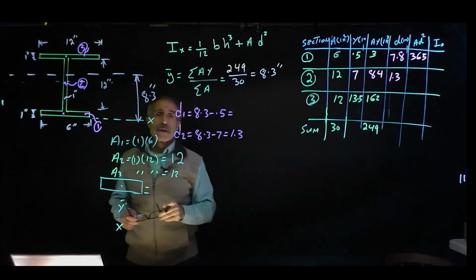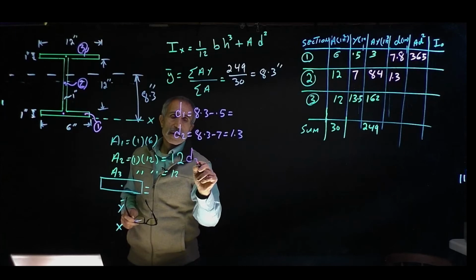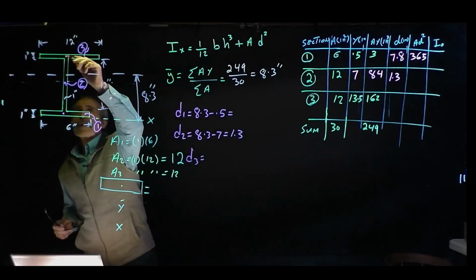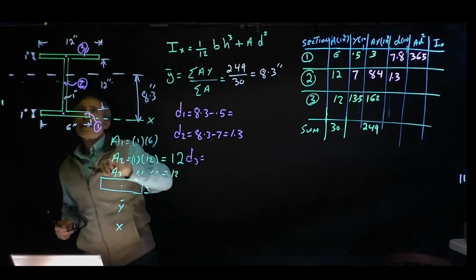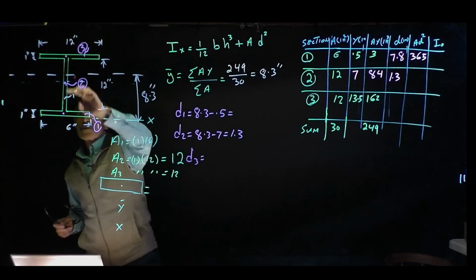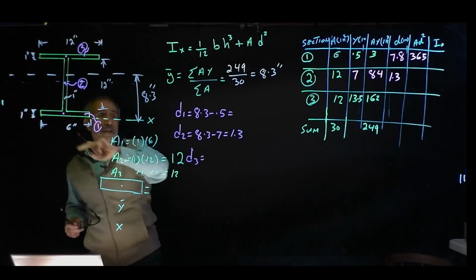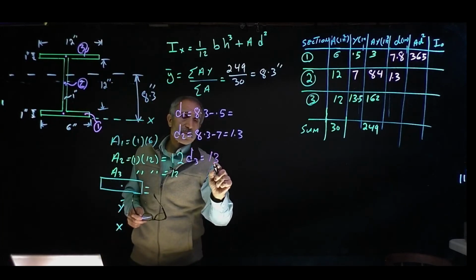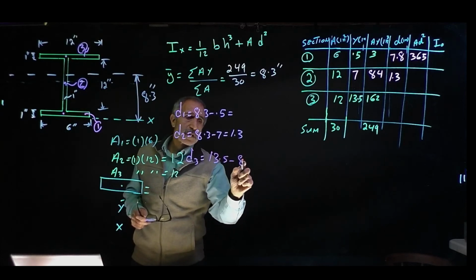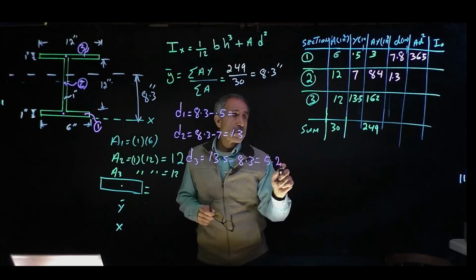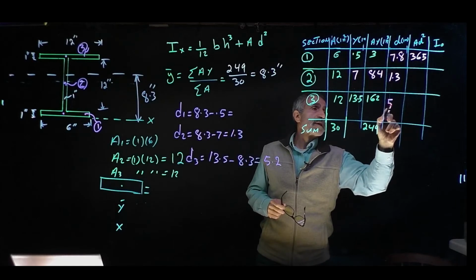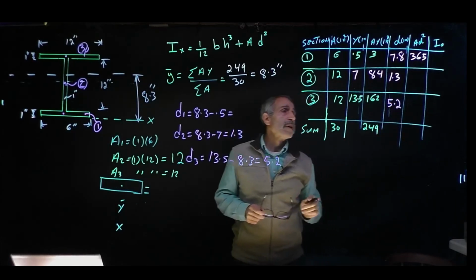And the next one is D3, the distance between right here and here. Well, we know from here to the bottom is 13.5. So 13.5 minus 8.3 is 5.2. So this one here is 5.2.